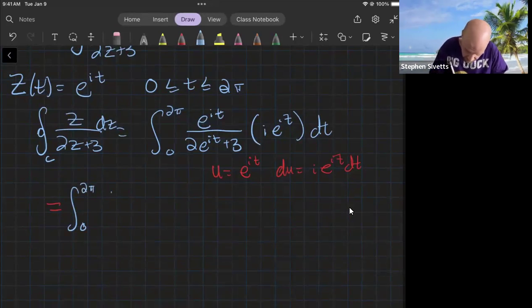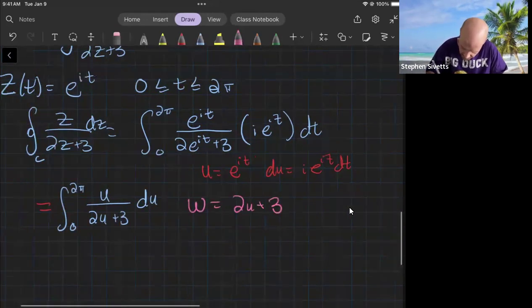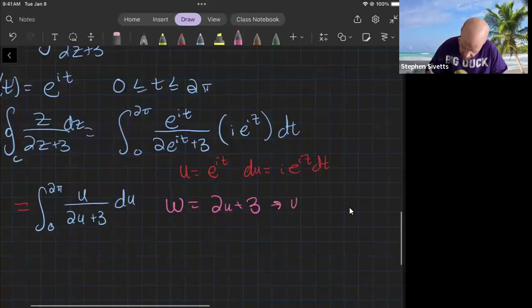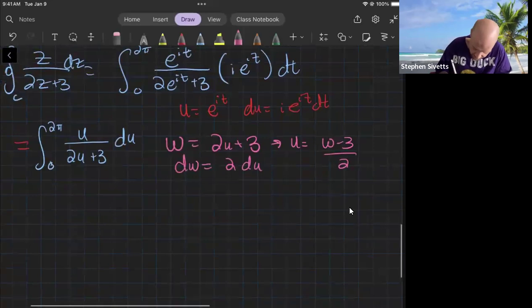So this would be u over 2u plus 3 du, okay? We can do another substitution. w equals 2u plus 3, which means that u is equal to w minus 3 over 2. And then dw is equal to 2 du, right?